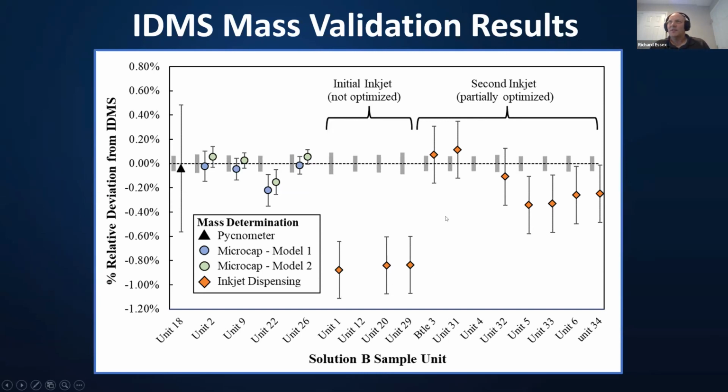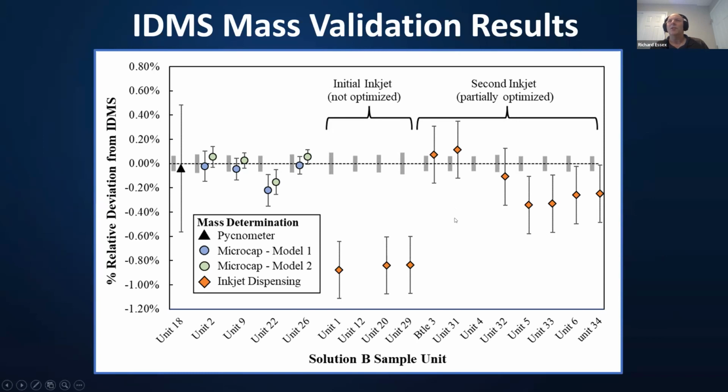In a second set, we tried to optimize the inkjet dispenser for the calibrations for potential evaporation. We also changed some variables to see how big an issue the evaporation was. For these samples, where it was optimized to get the best values, within uncertainties we're clearly getting the values that we expected.